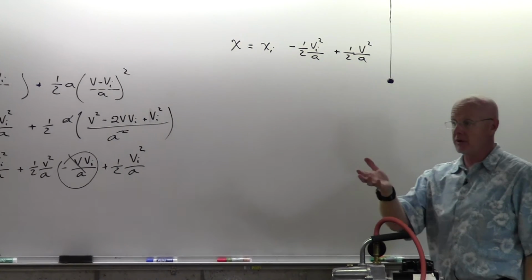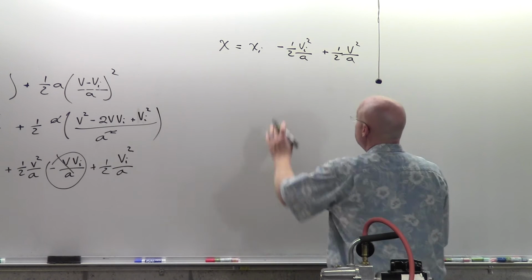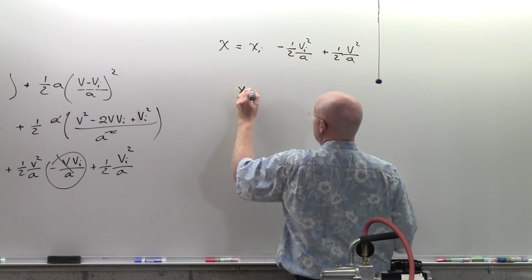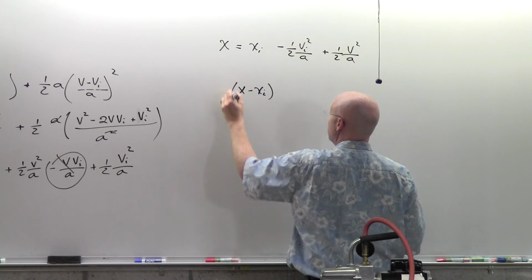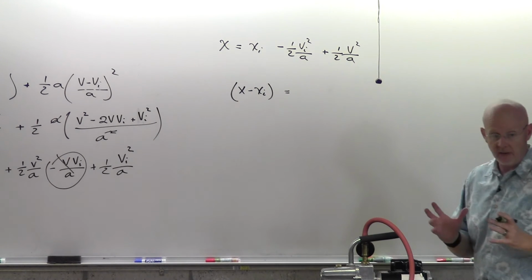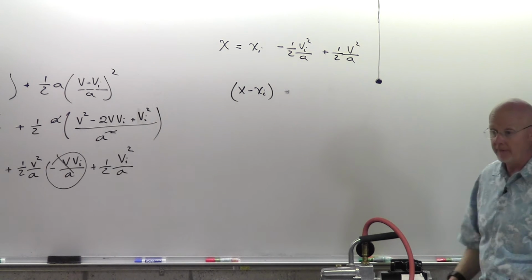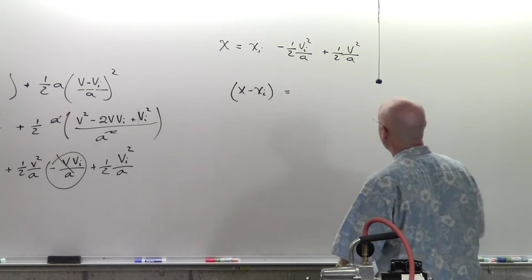Let me do a few more steps of mathematics so it'll look like your author's. He puts the distances together. It kind of makes sense that this would be the distance the race car, or whatever the object is, traveled: final minus initial.